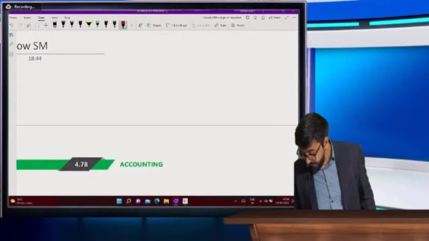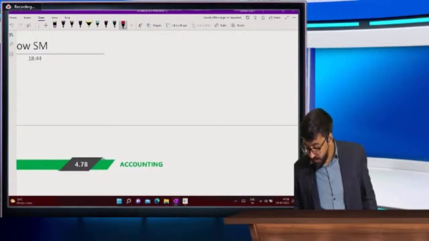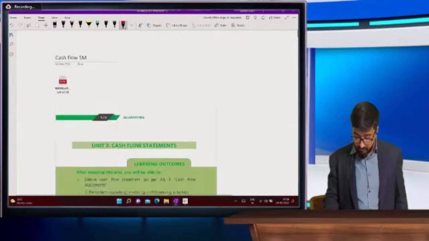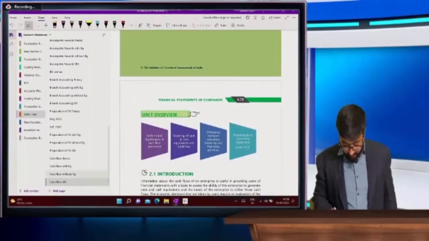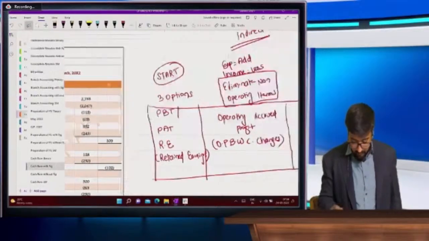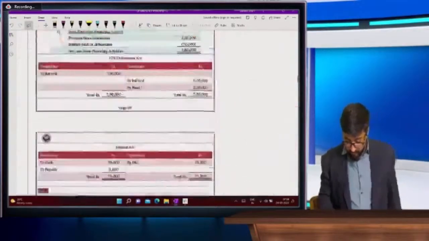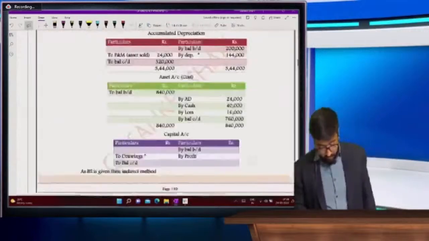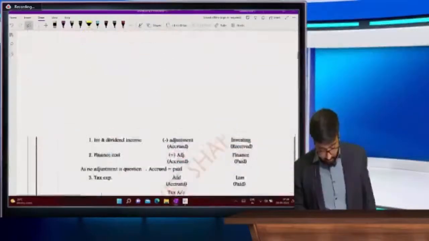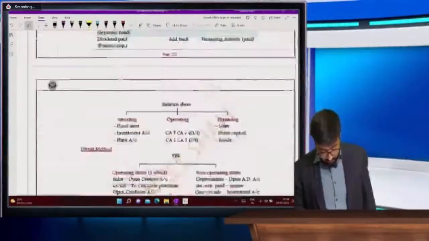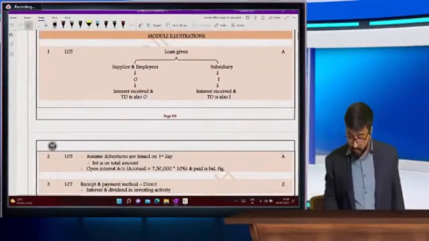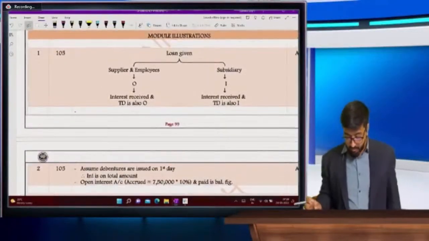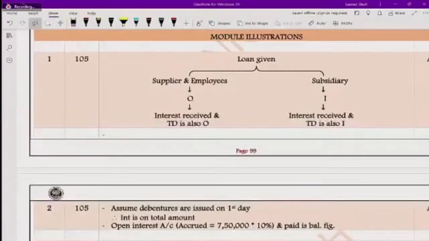Yes beta, TDS to supplier, Matanjali ji, it will be operating. Very good. Yes, you can take a screenshot of index.